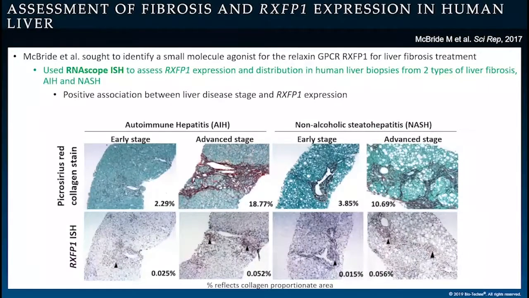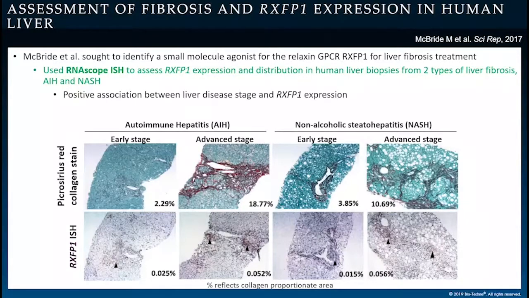A shortage of approved antifibrotic therapies exists, despite researchers having a better understanding of the pathogenesis of liver fibrosis. In this particular paper from Queen's Medical Institute, as well as GSK, researcher McBride and his fellow scientists identified a small molecule agonist for relaxin, a GPCR, RXFP1, for treatment of liver fibrosis.